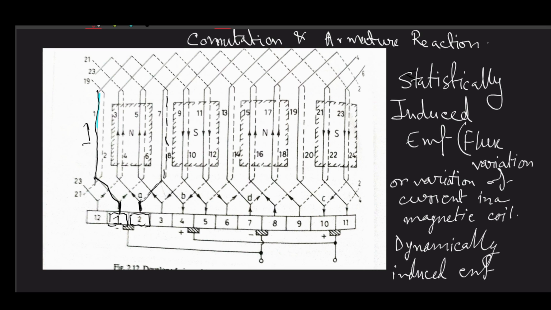What is the meaning of commutation? Commutation means the change in your current path. Like one current is flowing in one direction, after commutation current will flow in another direction. The English meaning of commutation is the change in path.